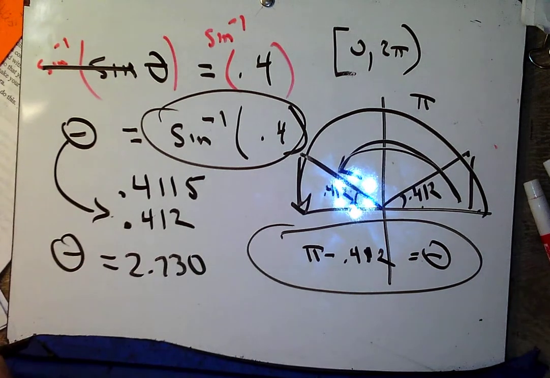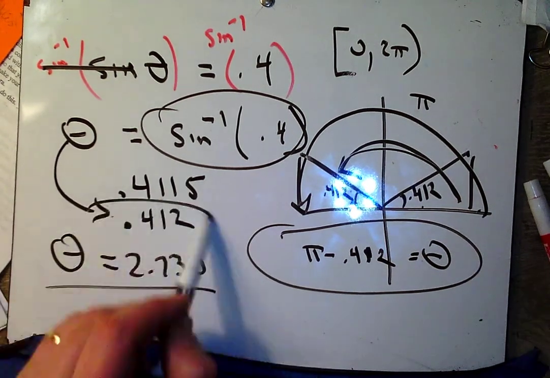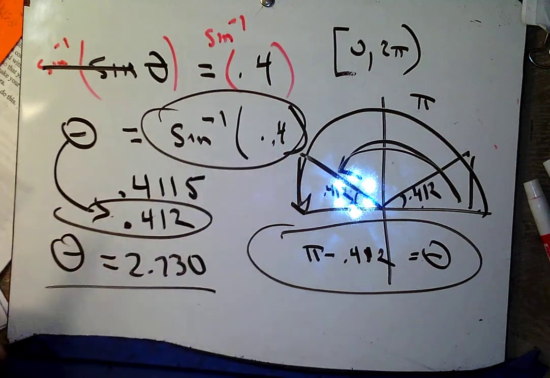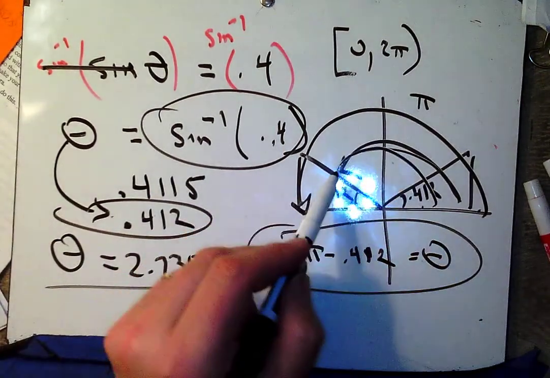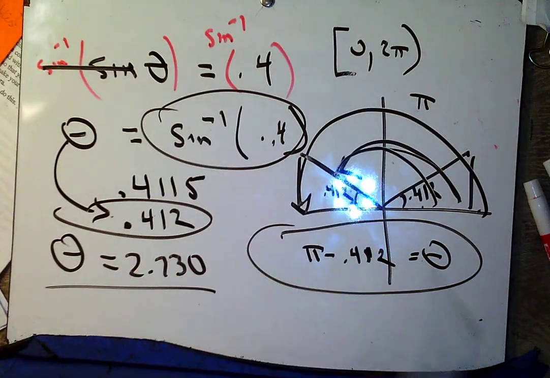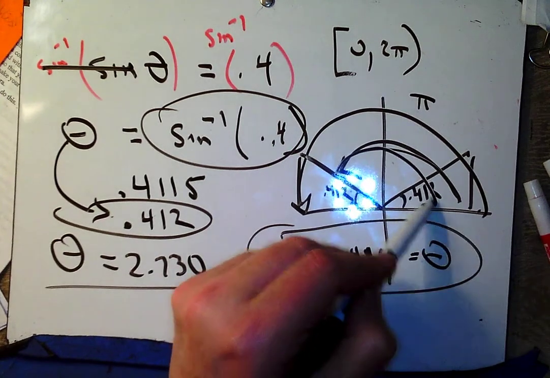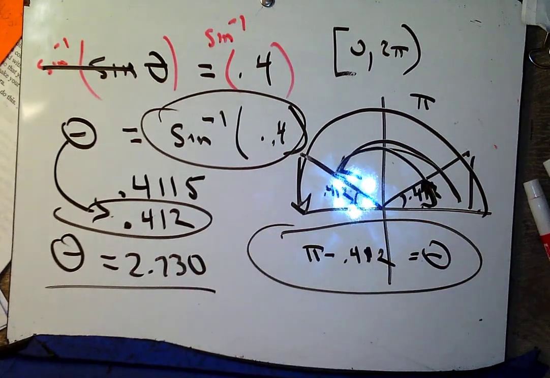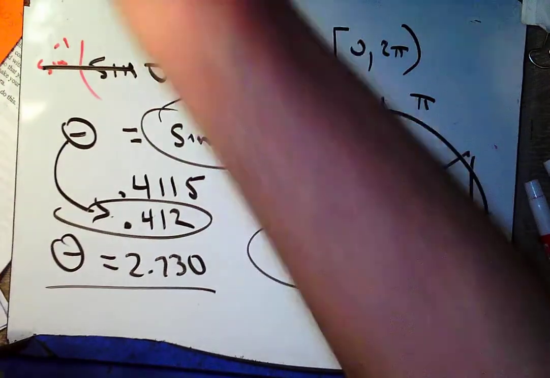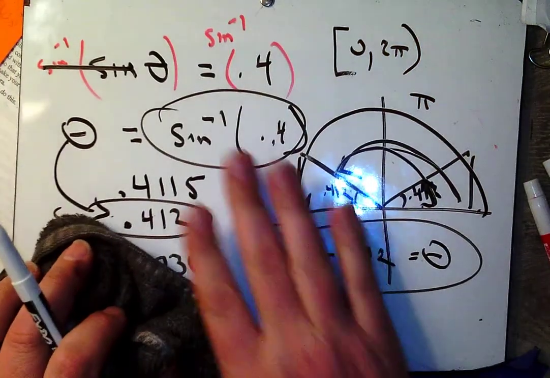So I've got these two places, and I'm happy because I know sine is positive twice. Once over here at 2.73 radians, and once here at 0.4 radians. Fabulous. However, this is really hard for a lot of people's brains.